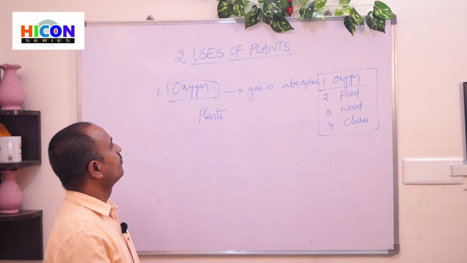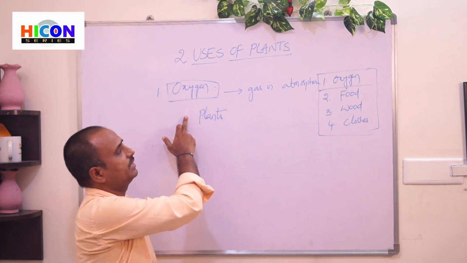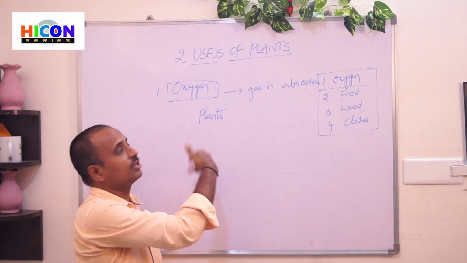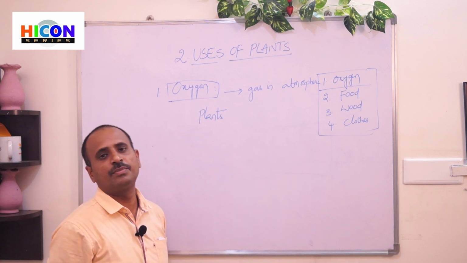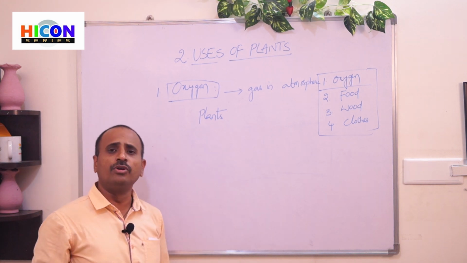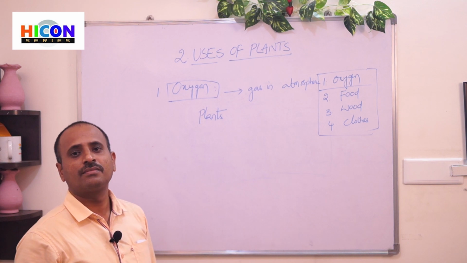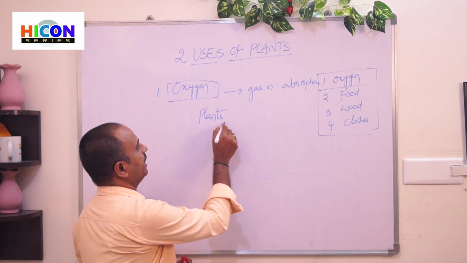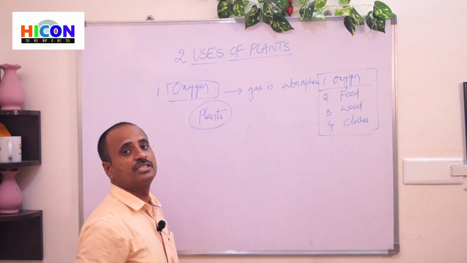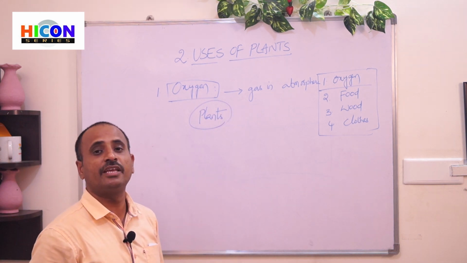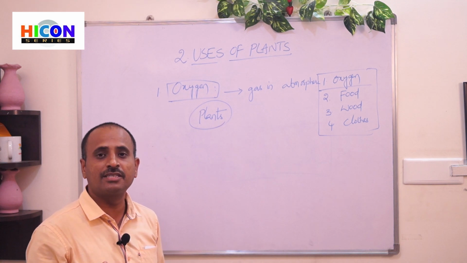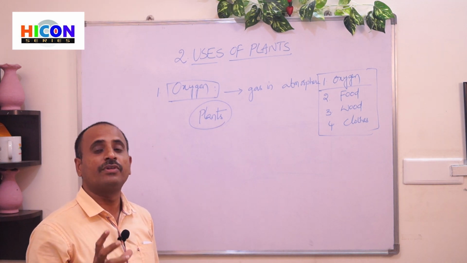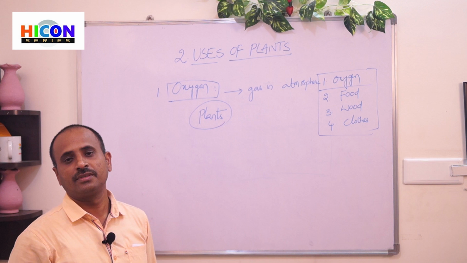So from where can we get oxygen in the atmosphere? Here, plants give out the oxygen into the atmosphere. How are the plants able to give oxygen? We have already known that plants prepare their food, especially the leaves of the plants prepare the food required for the plants.